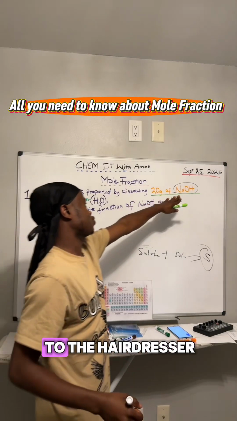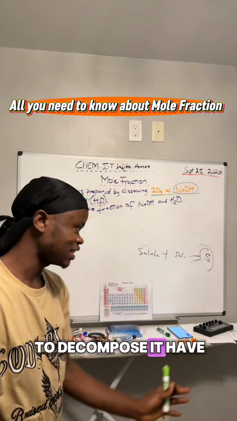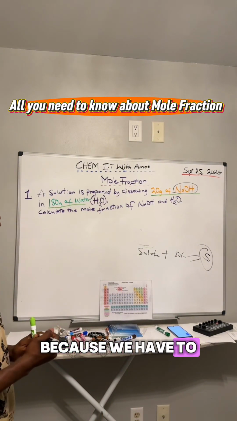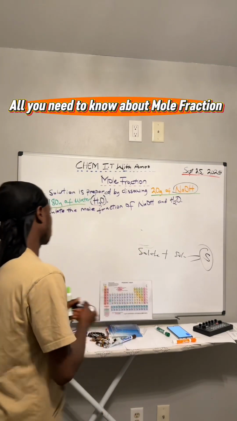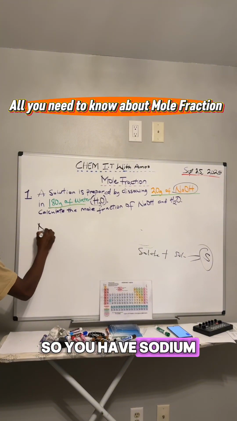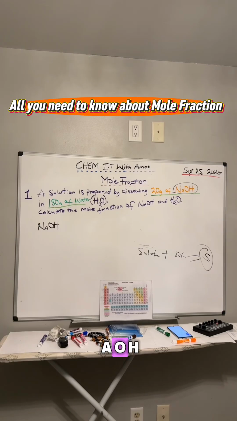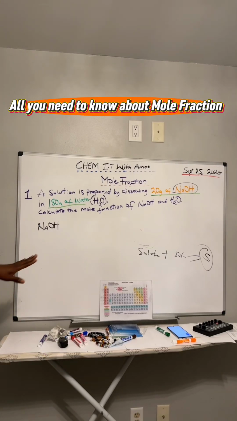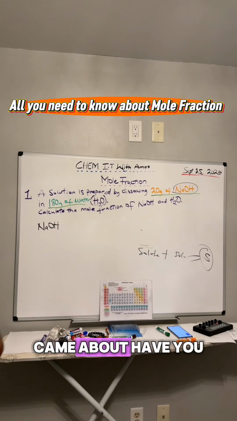We will take this sodium hydroxide. We first try to decompose it, to see how this compound came about, because we have to build on something that has already been established. So you have sodium hydroxide, which is NaOH. But have you ever asked yourself how this compound NaOH was formulated or how it came about?